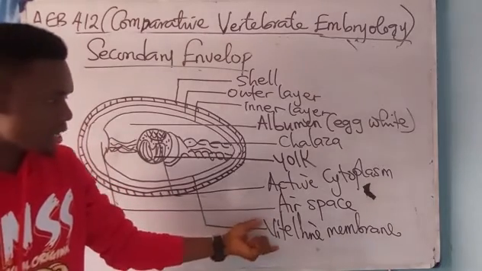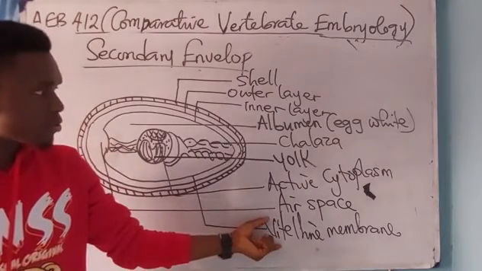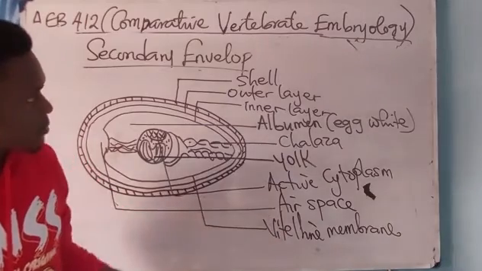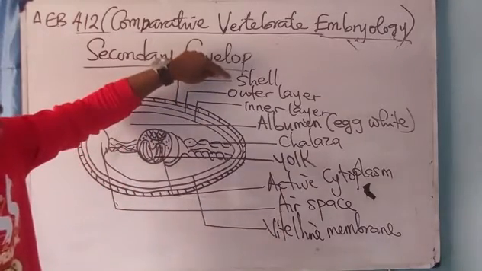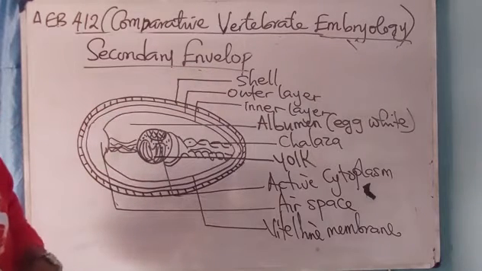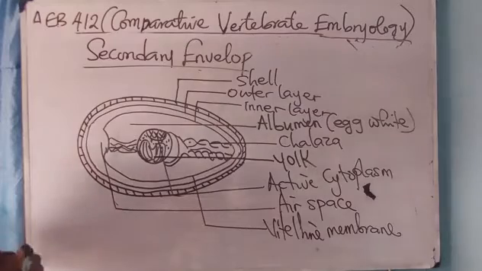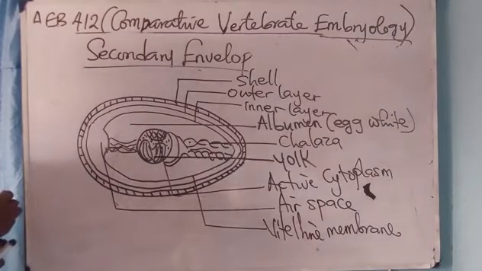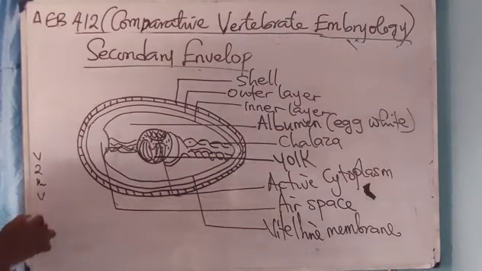Outside the vitelline membrane, you have four secondary layers, which are the shell, outer membrane, inner membrane, and is anyone missing? Third layer. Yeah, exactly, that is it.